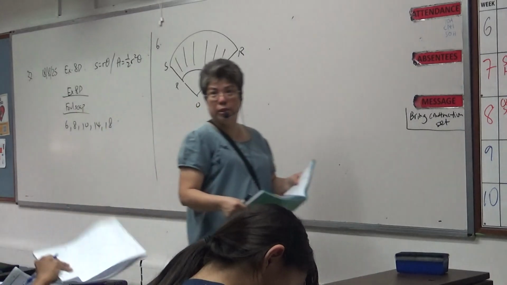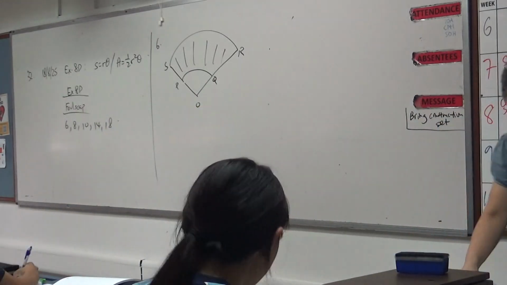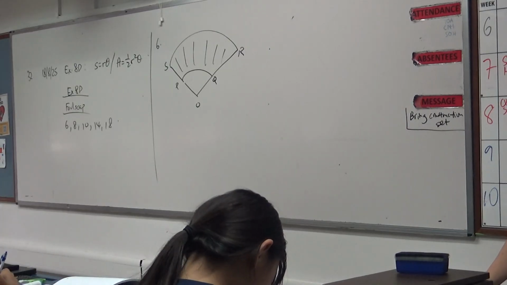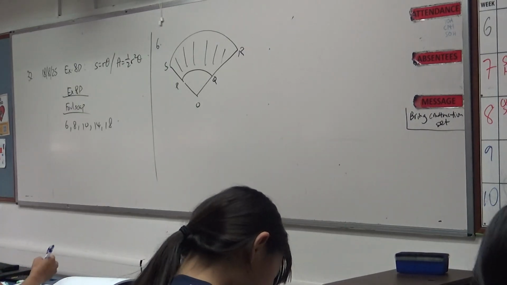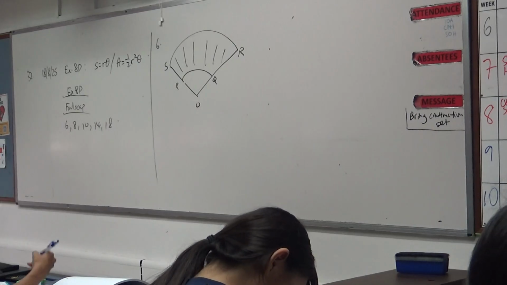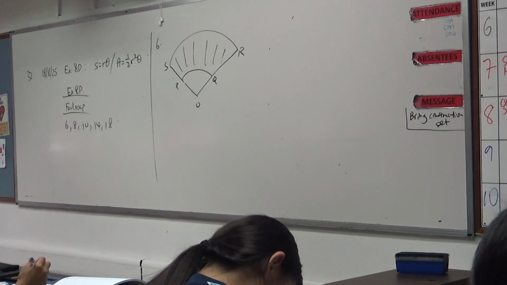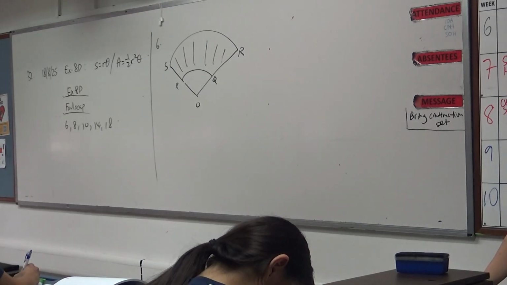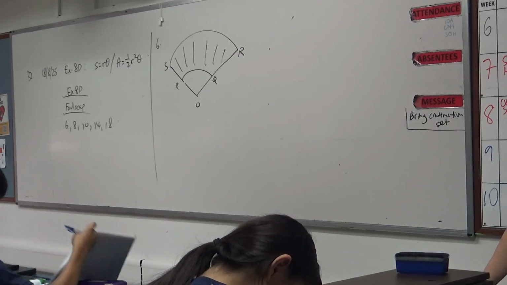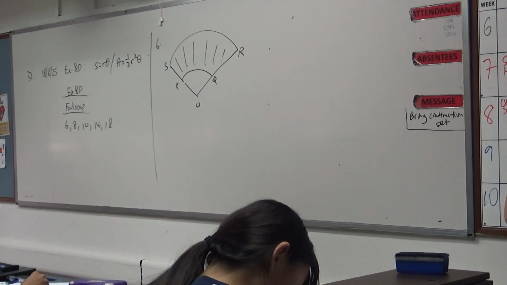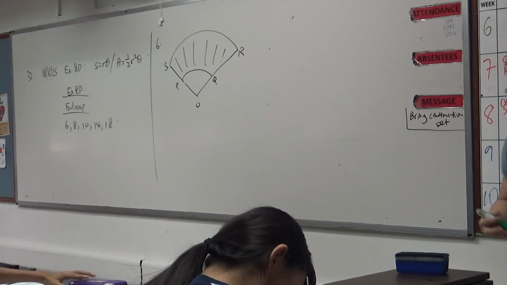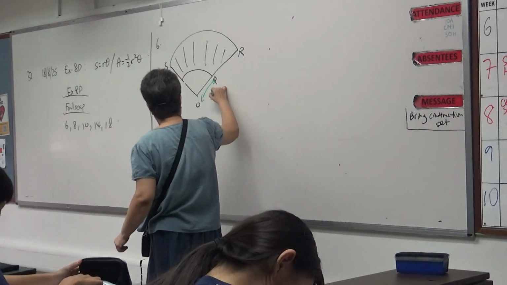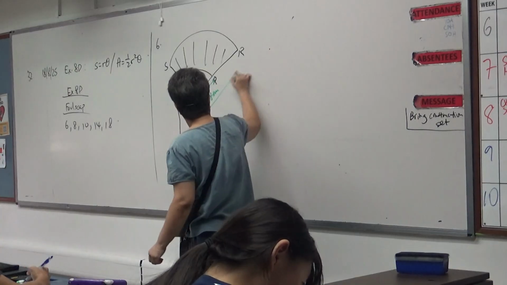I don't care what it is, center, okay? Now the question says, one cuts out the shape PQRS shown in the diagram to make a fan. PQ and RS are arcs of circles with center O and radii 8 cm and 20 cm respectively. Now I want you to indicate, this one is how many cm? 8 cm. How about this one?